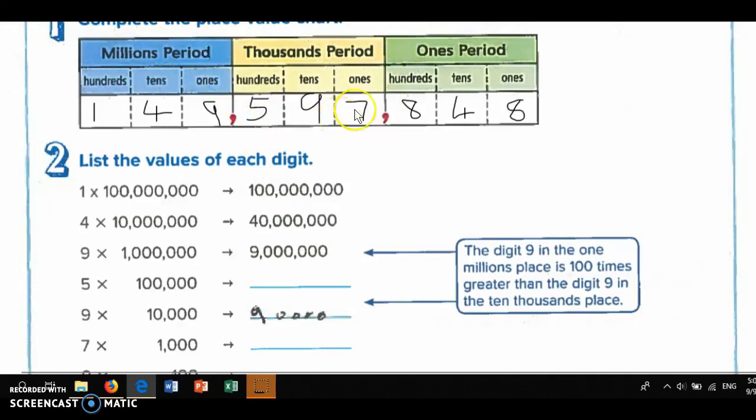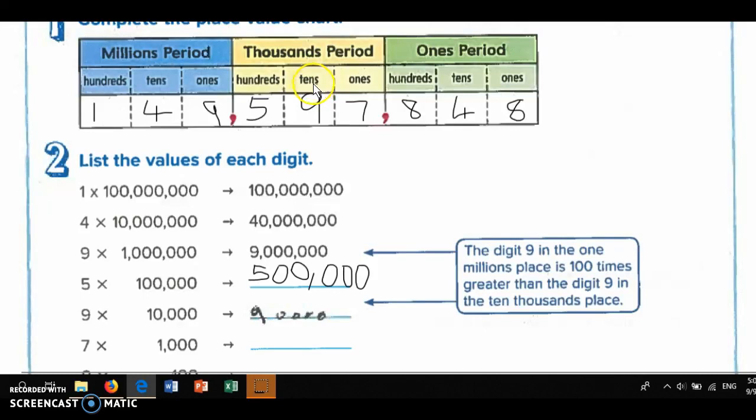Then we go to the 1,000 period. How many 100,000s do we have? We have 5. 5 times 100,000 equals 500,000.